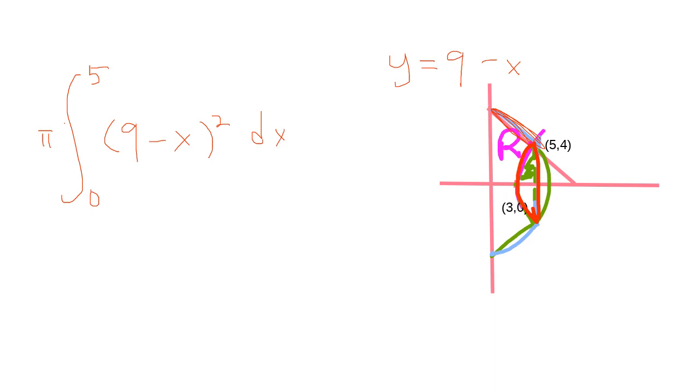So finding the volume of this, it's going from 0 to 5, and the pi r squared, what's r? R is this y equals 9 minus x from x plus y equals 9. So subtract, this one is outside, minus this one, the red color.